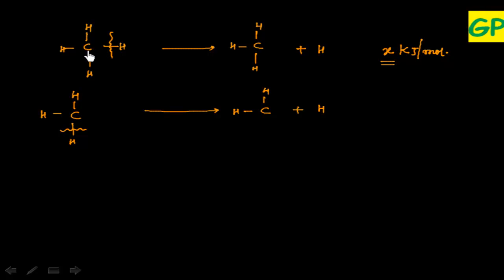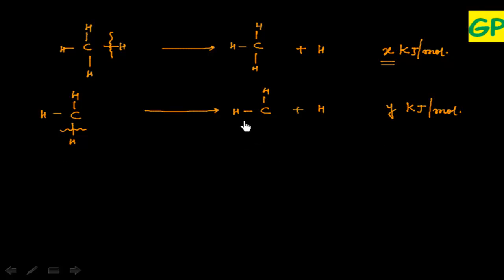At this point carbon is connected to 4 hydrogens, and at this point carbon is connected to only 3 hydrogens. So these two species have different environments, and that's why the energy required to remove this carbon-hydrogen bond is different. Let us call this y kilojoule per mole.